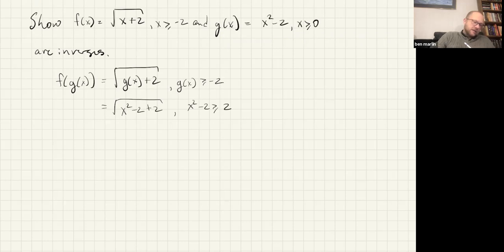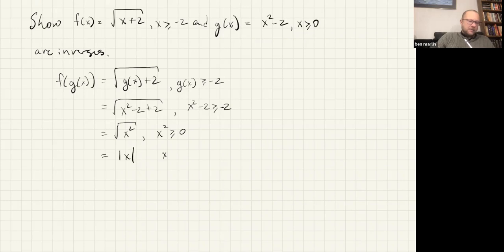And then that will simplify into the square root of x squared. And we need for our x squared to be greater than or equal to 0. But this really is the absolute value of x.